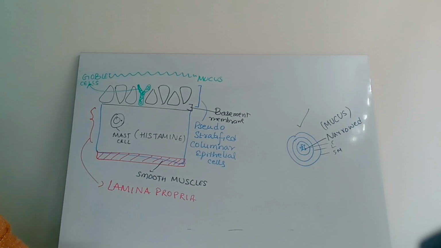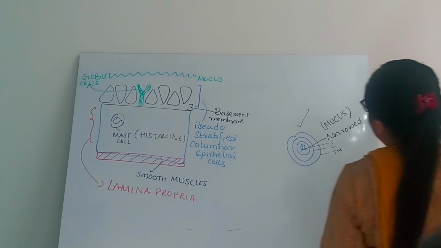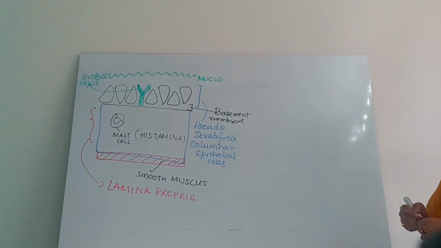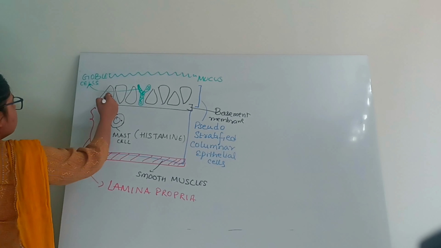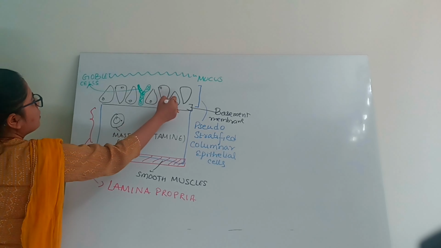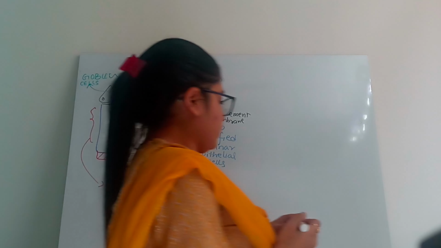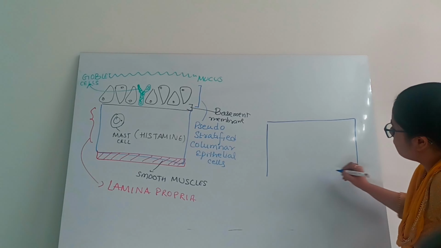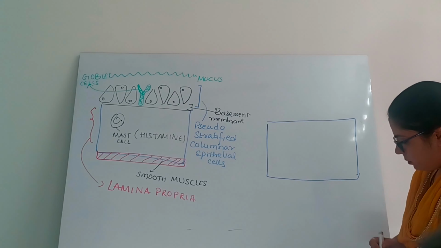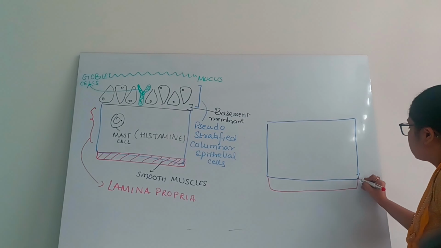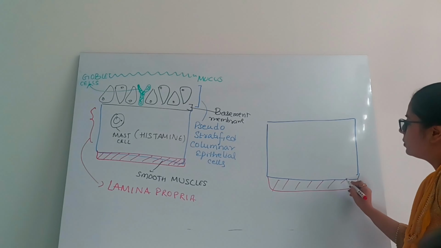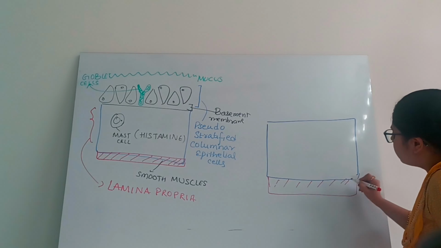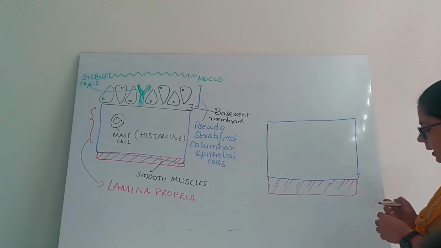Now on the contrary, let me show the diagram of an asthmatic cell. You will have a clear idea when I draw a comparative picture here. These are the smooth muscles. They actually become thicker in the case of an asthmatic cell. I'll tell you why.